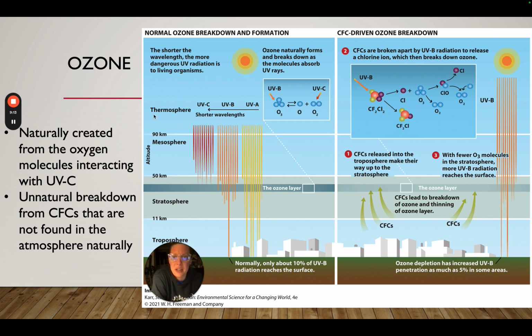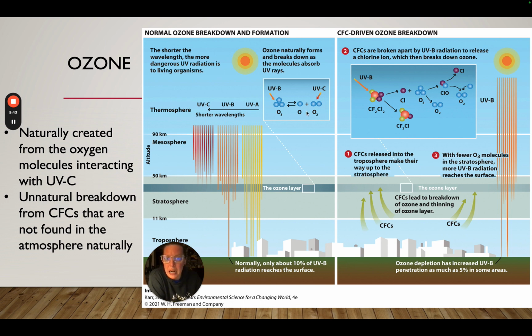You have shorter wavelengths, or hotter, more energy, in this darker red. And then you have UVB and UVA. And so what happens is UVC or UVB interacts with ozone, so O3, and then it naturally forms and breaks as the molecules absorb those rays, right? And then UVC can break them, UVB can make them.